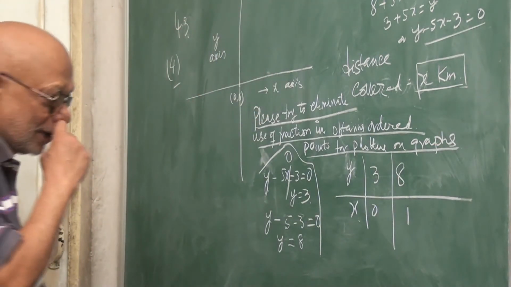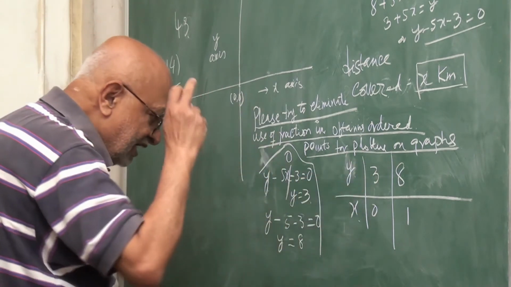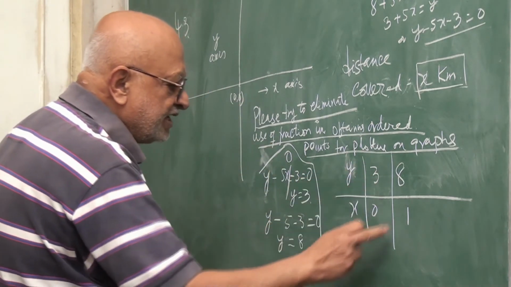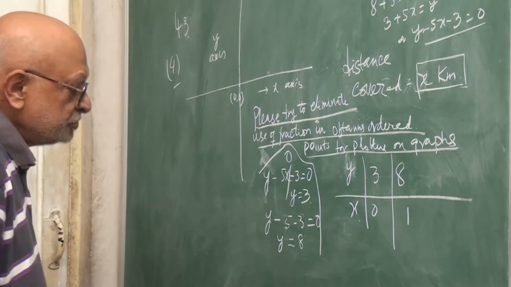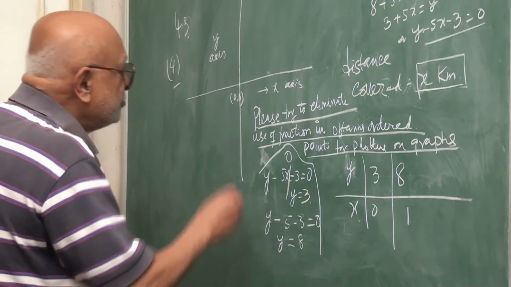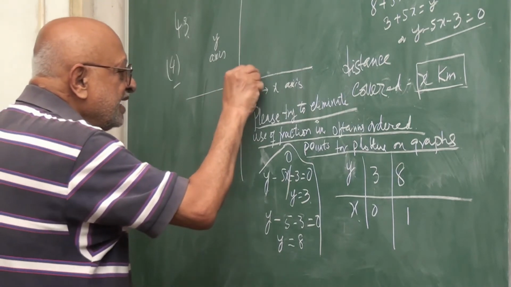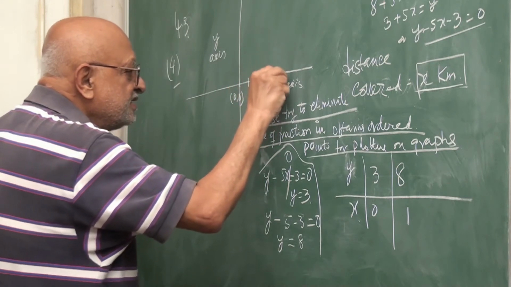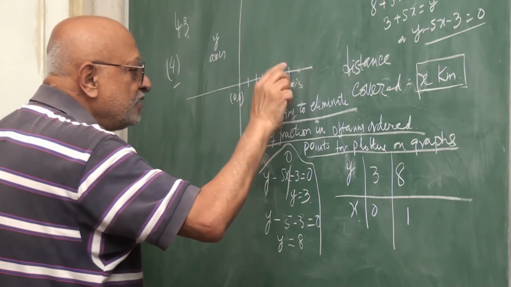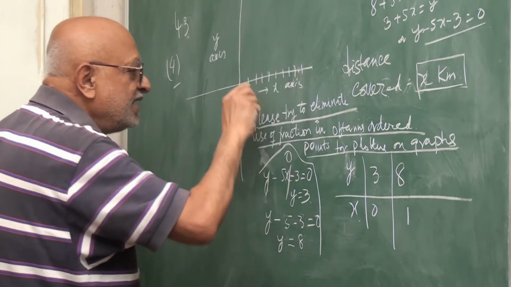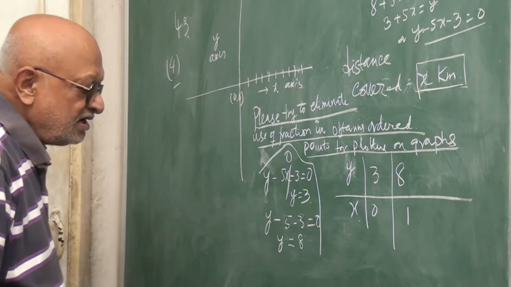There is no compulsion that I have to take y equal to 0. So let us start now. Again I have to put these divisions so that I can find out the units. Hopefully my unit divisions are okay.